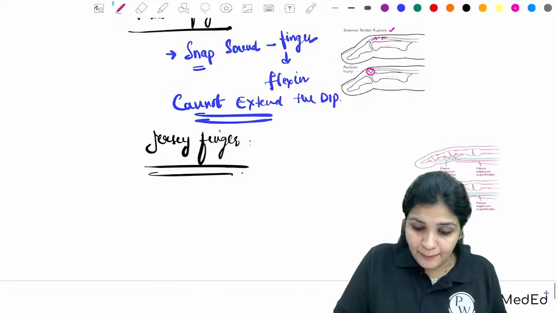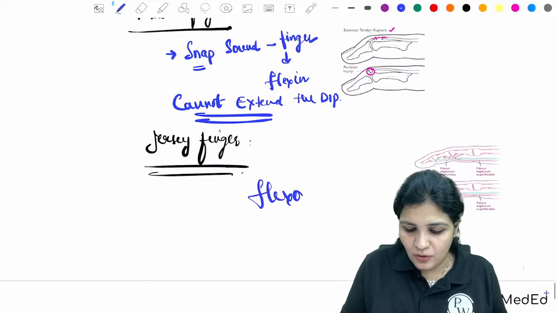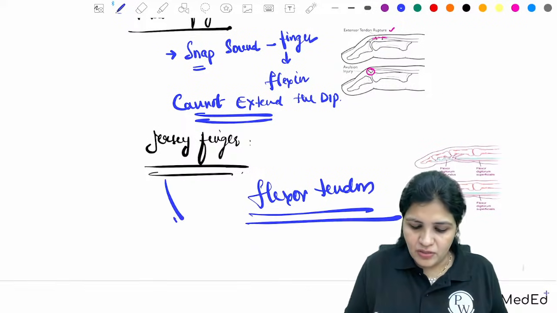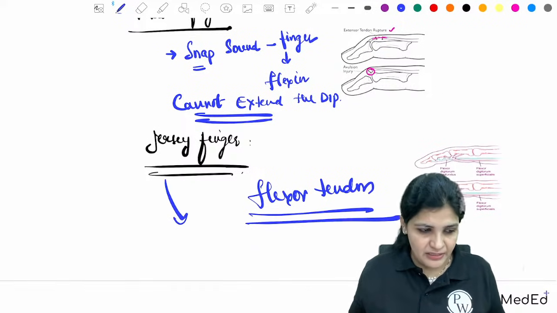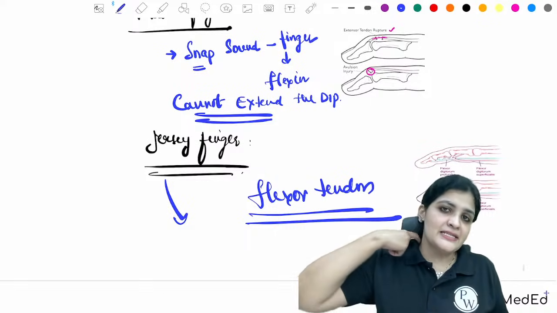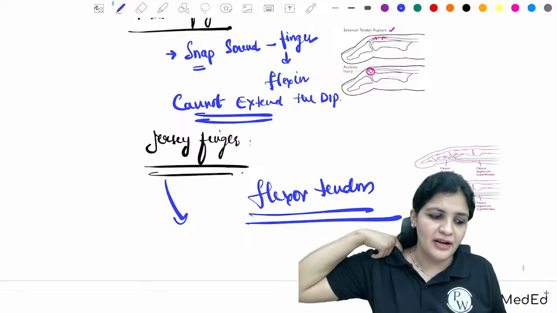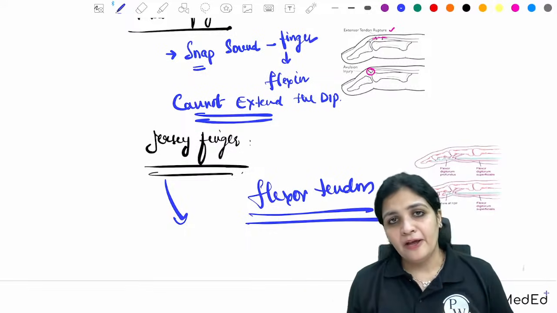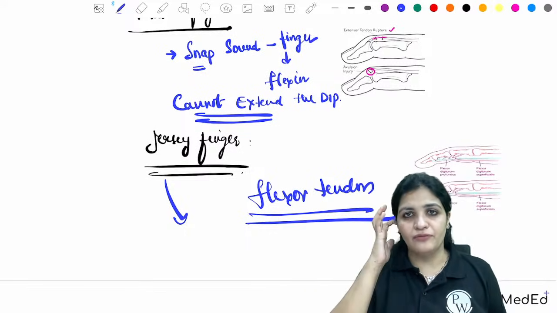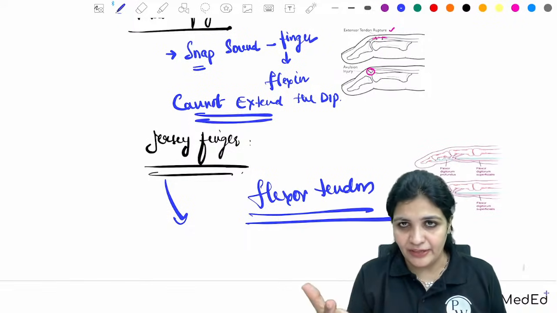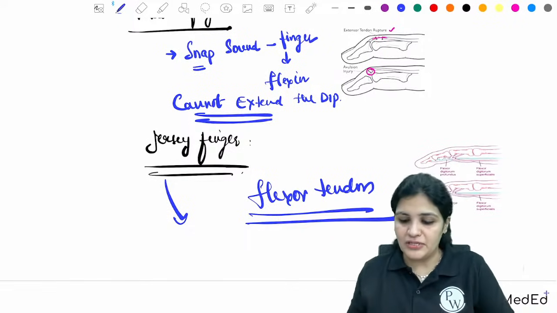Whenever there is damage to the flexor tendons, on the opposite side, these are called the jersey fingers. Jersey is this, the fingers get hitched here, and that results in rupture of the flexor tendon. So this is called the jersey finger, and here the flexor tendons are damaged.